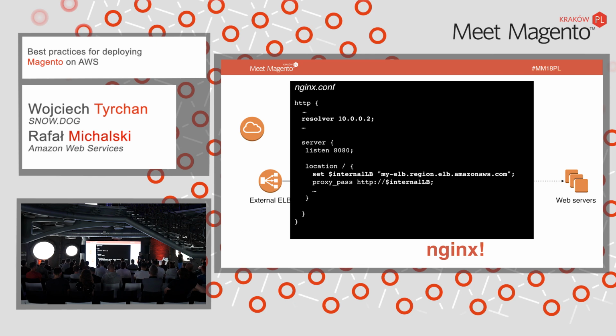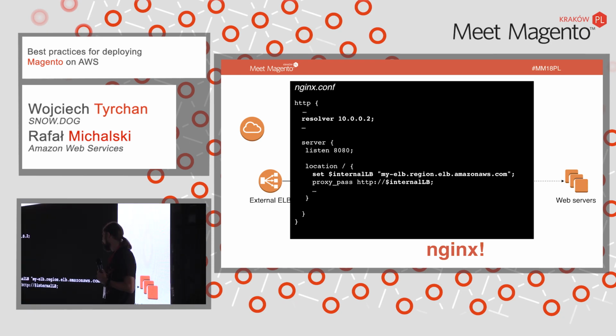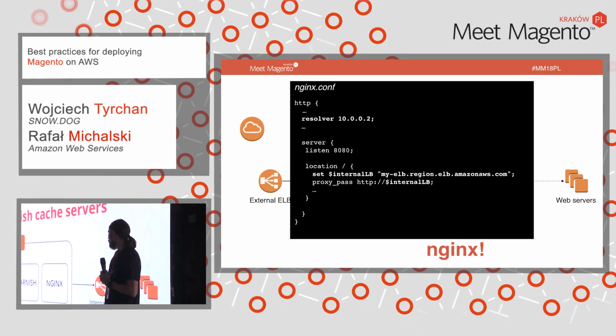This makes Nginx resolve the domain when the record actually expires. So it always uses the most accurate current ones. And yeah, the way we should do it is probably with Nginx.